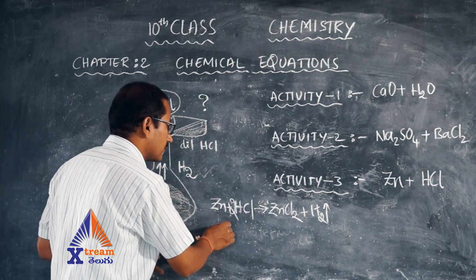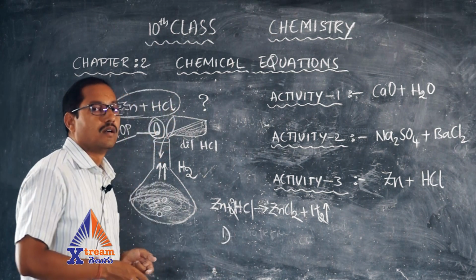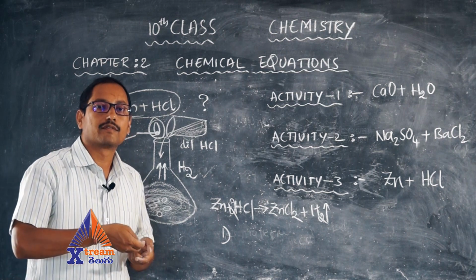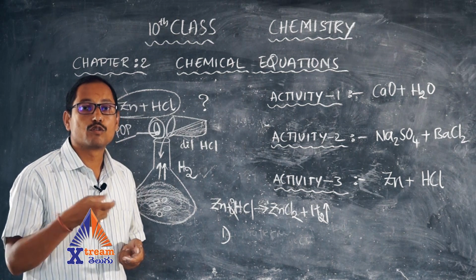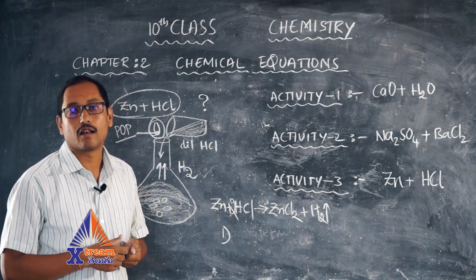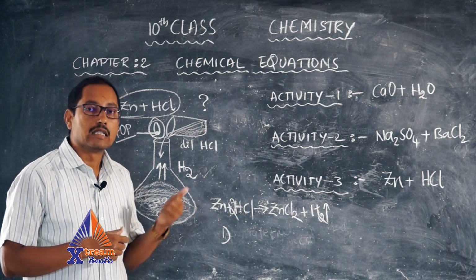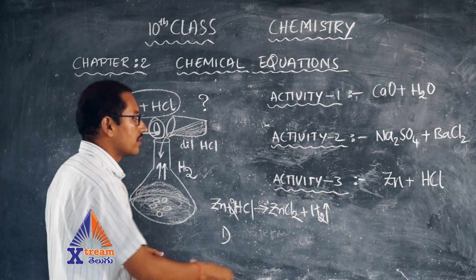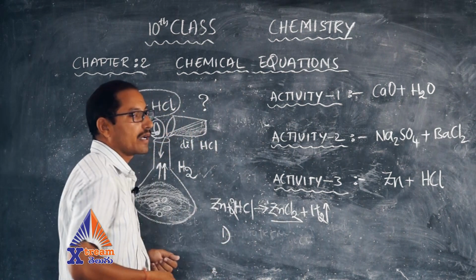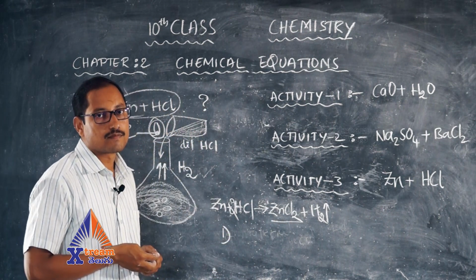Conclusions from this activity. Once again, here we have a chemical reaction taking place to produce a new chemical. In this case, the new chemical produced is zinc chloride, which is a salt.